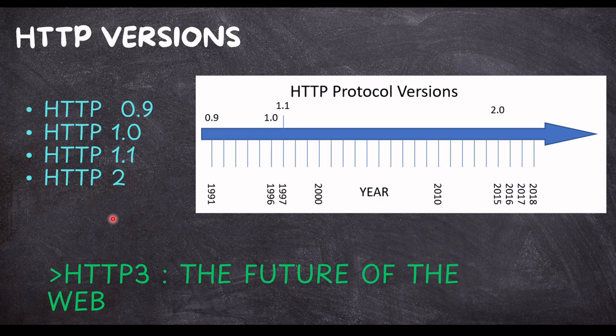But HTTP 2 is not the latest. The latest one is HTTP 3. HTTP 3 is basically the future of the web. Currently it's not as widely used, but 0.9 and 1.0 have become obsolete, so in future HTTP 3 would be the norm. Surely it would take over.